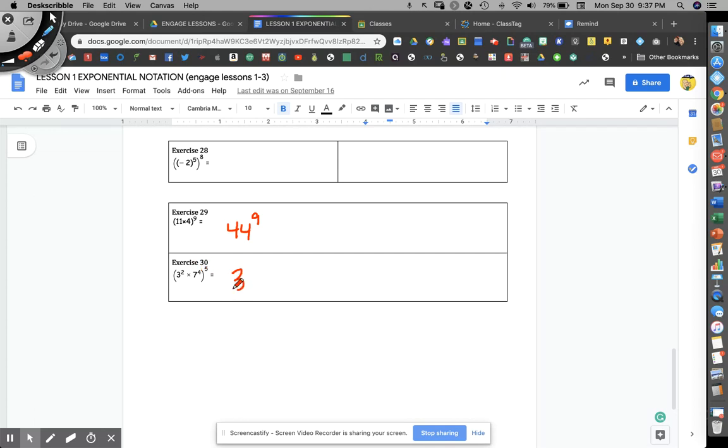So for right now, we're just going to keep the base. And we're going to multiply the exponents. So that's going to be 3, and then 2 times 5, times 7, and then 4 times 5. So in the end, we get 3 to the 10th power times 7 to the 20th power.